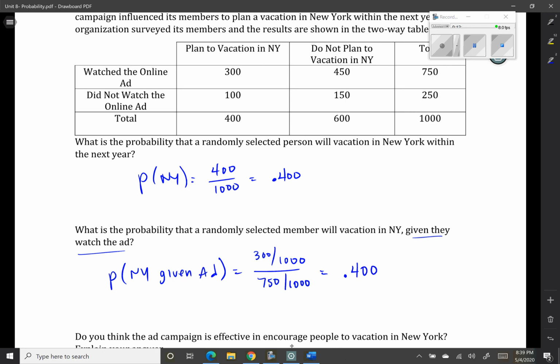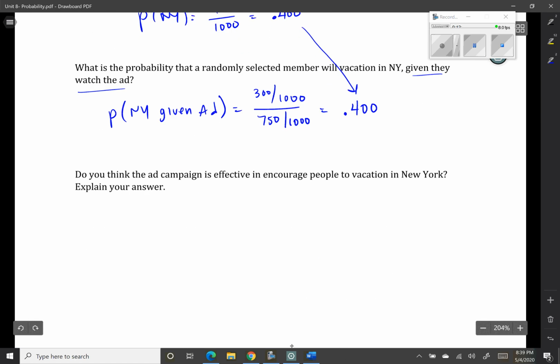Notice these numbers are the same. So because the people that watched the ad had the same chance, or the same probability, of coming to New York for vacation, do you think that the ad actually made a difference? So it says, do you think that the ad campaign is effective?